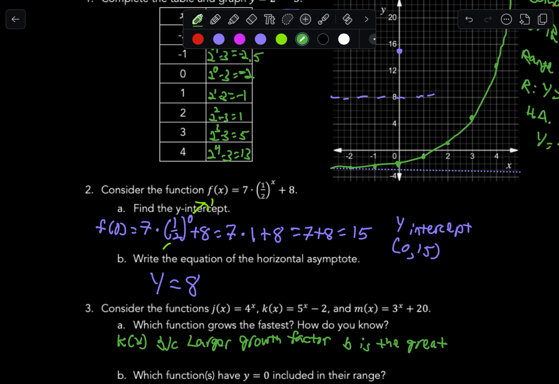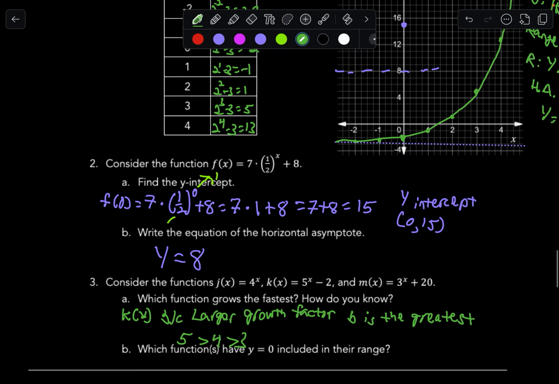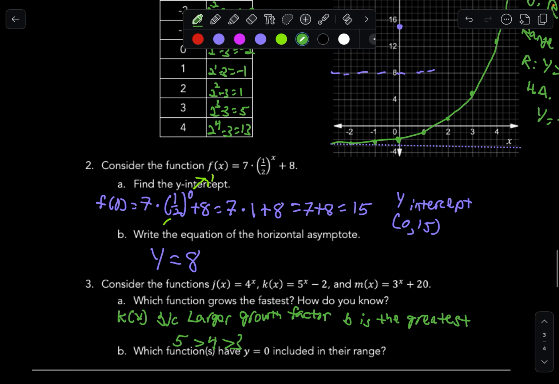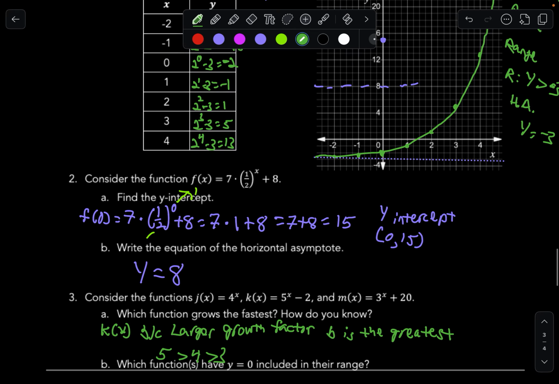Doesn't matter what you're multiplying by or adding or subtracting. It's the fact that the base b of k of x is 5, which is greater than 4, which is greater than 3. So in order, k of x is the greatest, it grows the fastest, then j of x, and then m of x.